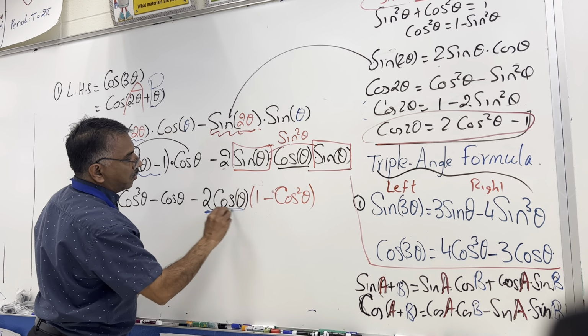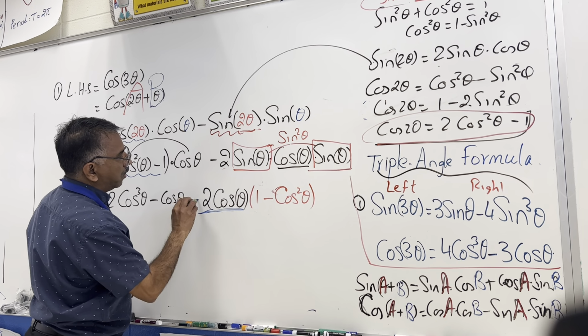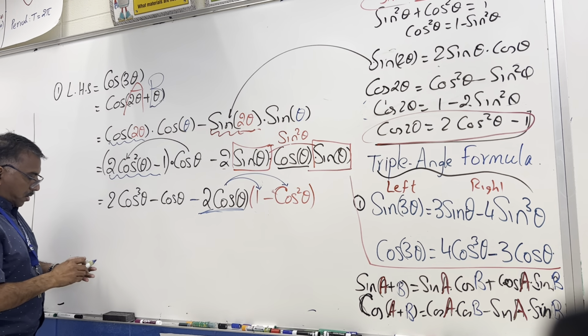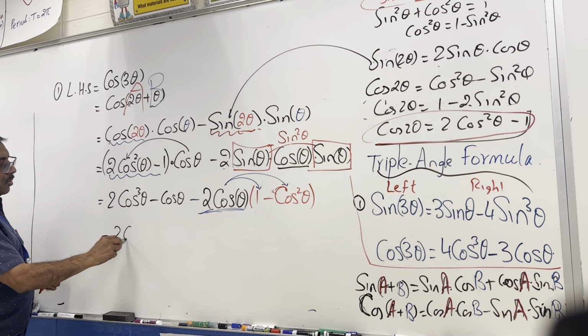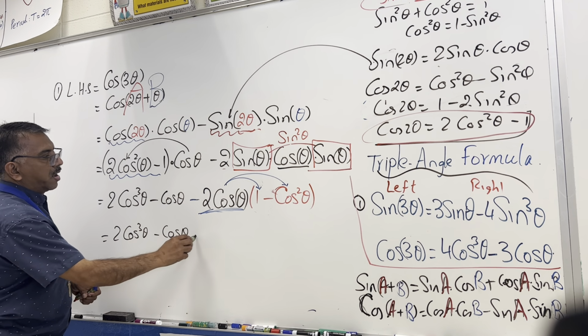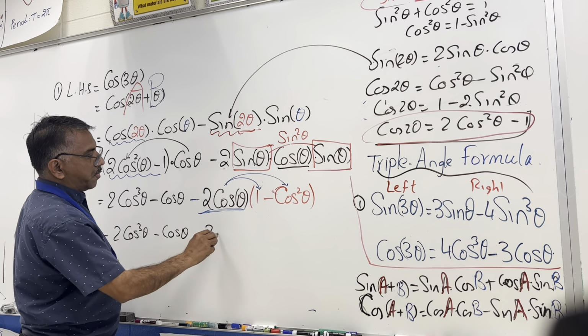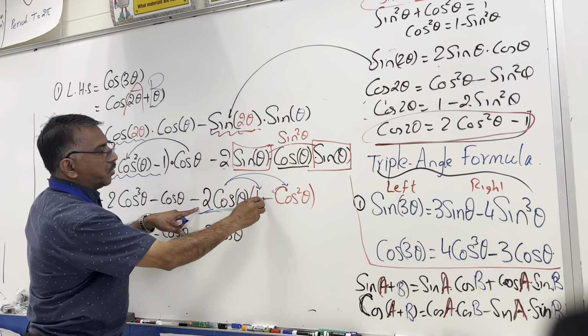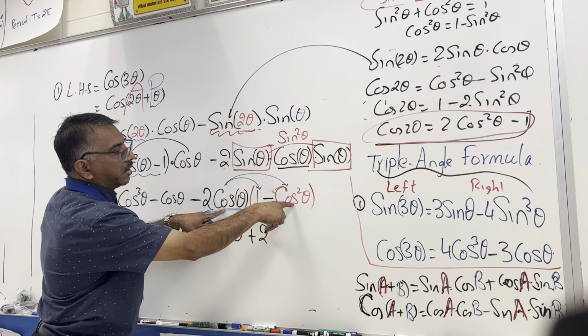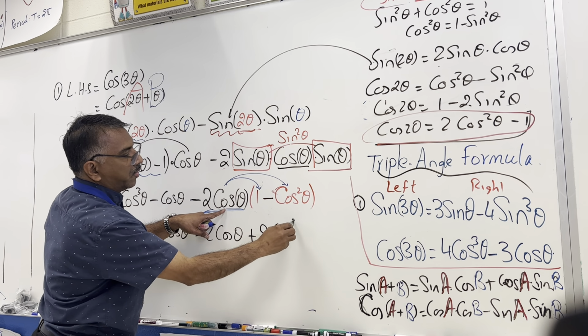This blue part, this minus 2 multiplies to 1, and then here. So 2 cosine cube theta minus cosine theta. So you get back the same thing, but 2 negatives make it positive, and 2 and cosine theta and cosine square will be 3 of them.